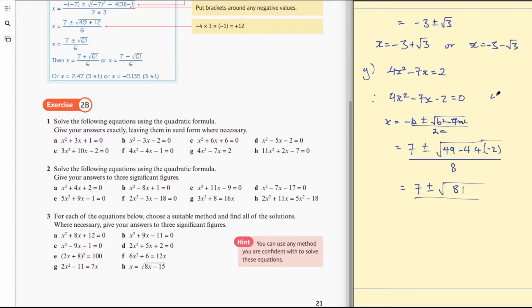Over 8, then this is 7 plus or minus 9 over 8. And so our solutions here are x equals 7 plus 9 over 8, or 7 take 9 over 8.